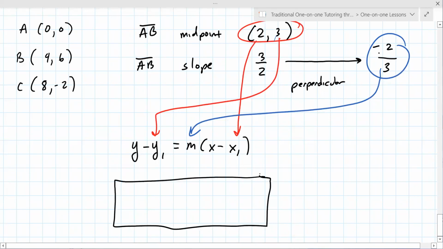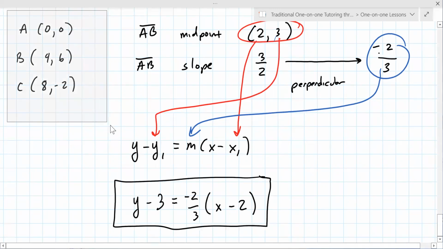What goes in the box? Okay, y minus 3 equals negative 2/3, parentheses x minus 2. Yes, very good. Awesome. All right, we're almost done.